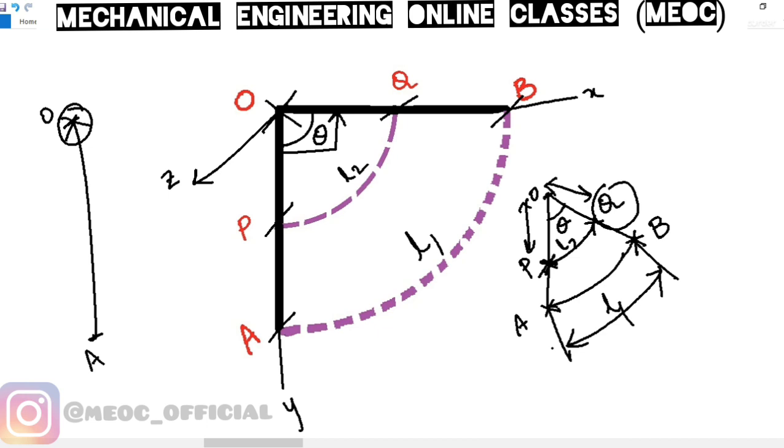And the other point is that when the rotation is about a fixed axis, all the particles on the object, so let us name all these particles. For example, this is 1, 2, 3, 4 and so on.